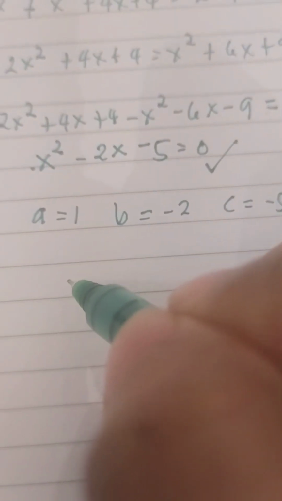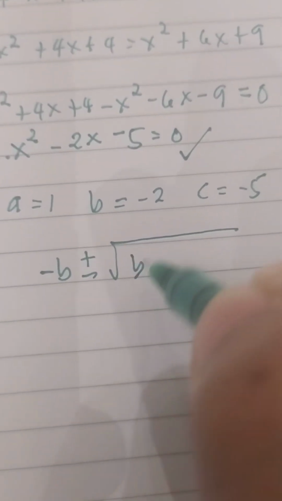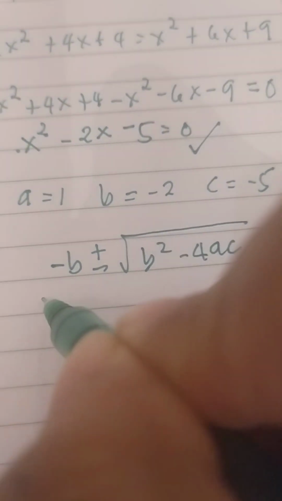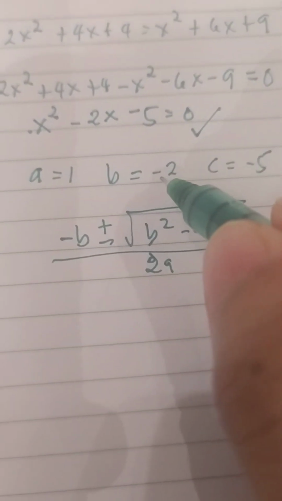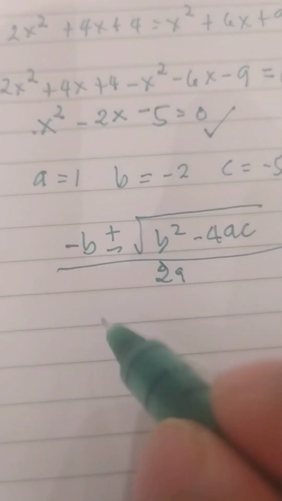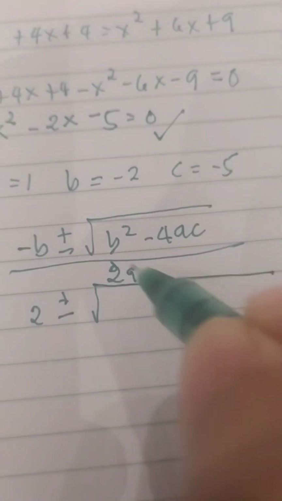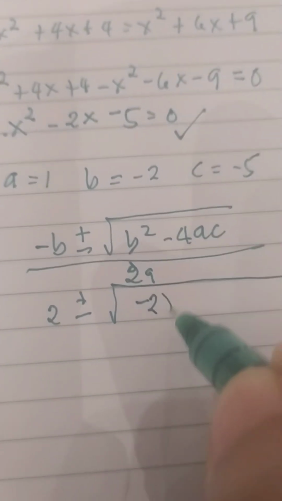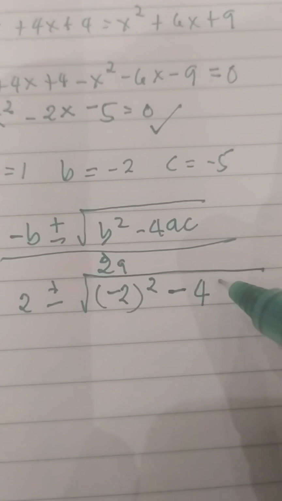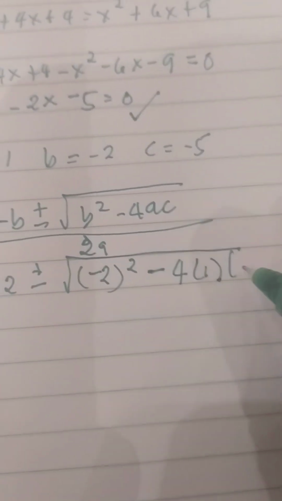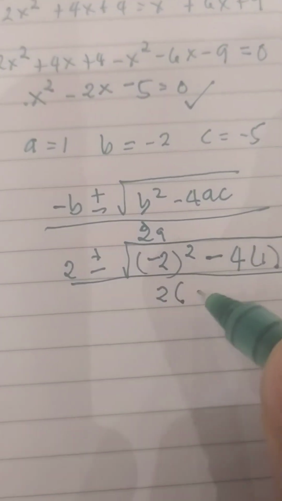Negative b plus or minus the square root of b squared minus 4ac over 2a. Plug it in. b is negative 2, so negative and negative is positive. So 2 plus or minus the square root of negative 2 squared minus 4 times a, which is 1, times negative 5, over 2 times the value of a, which is 1.